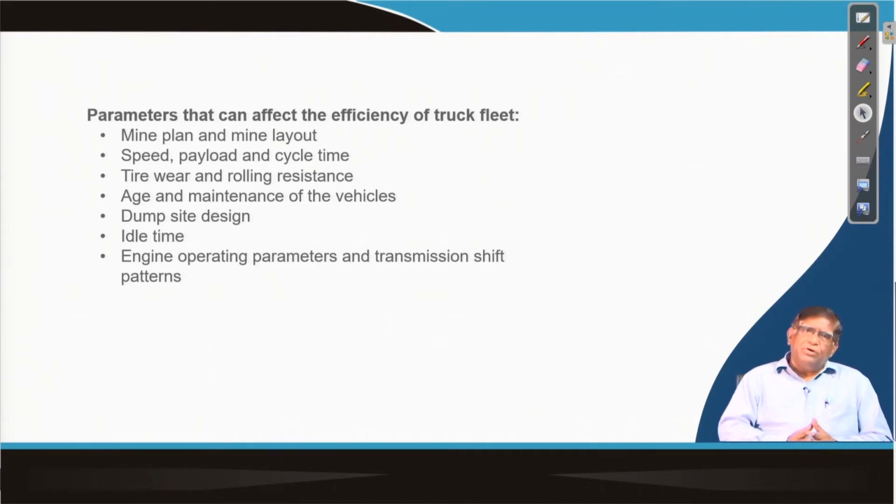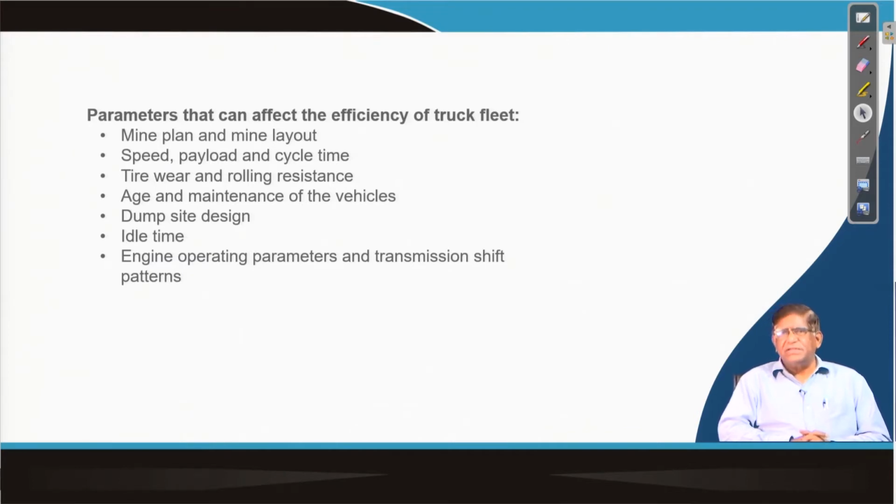Similarly, your engine operating parameters, that is, what its temperature is, what its fuel consumption is, how the transmission is, how many gears you are changing, at which gear you are running, those operating parameters of the engine also will affect performance. And of course, the whole performance depends on whether you are selecting the right type of equipment for the right type of job.